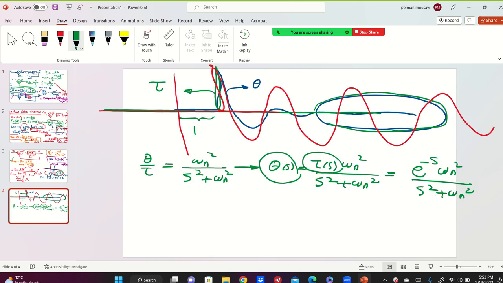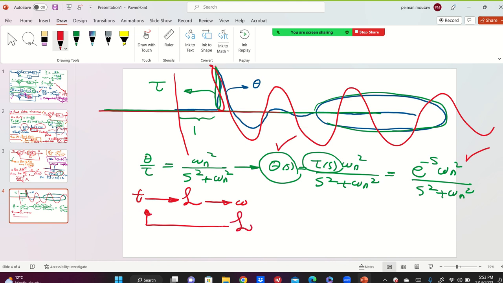So we got help from the Laplace transform. We shifted everything from time, by Laplace, to frequency. Bingo, here we go. Then if I want to find the final answer again in the time domain, what are you going to do?